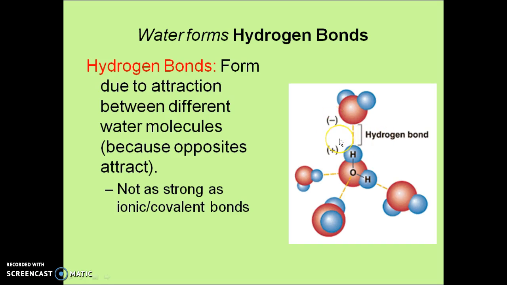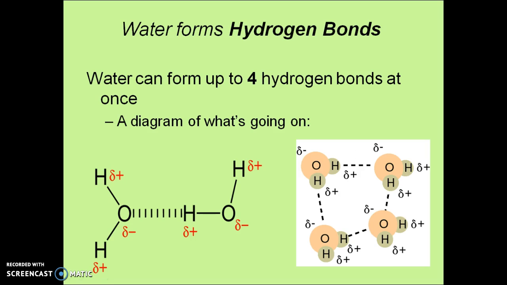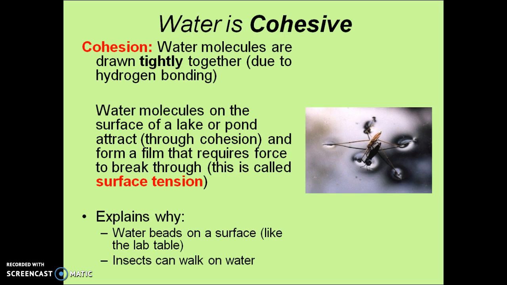These hydrogen bonds are weaker than the covalent bonds that occur within the water molecule, and they're also weaker than ionic bonds. Notice that in this picture, one water molecule is able to form 4 hydrogen bonds with other water molecules. And again, up to 4 hydrogen bonds.